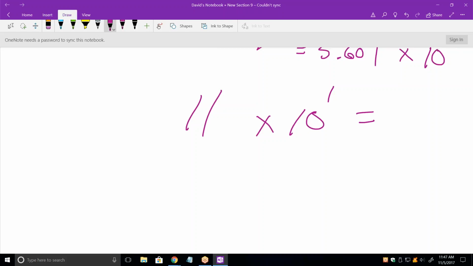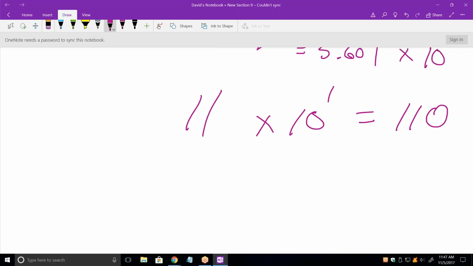So what is 11 times 10 to the first? It is 110. When you multiply a number by 10, you just add a 0 to it. Multiplying 11 by the number 10, I'm adding a 0 to it.